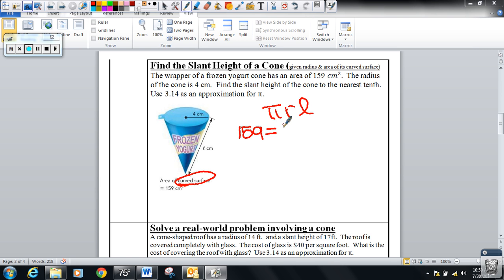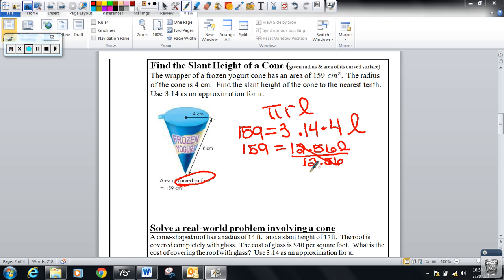It says to use the approximation of pi as 3.14 times the radius of 4 times our slant height, which is what we're looking for. If I simplify that right-hand side, I have 159 is equal to 12.56 L. Now I have to solve for L, so I divide both sides by 12.56.